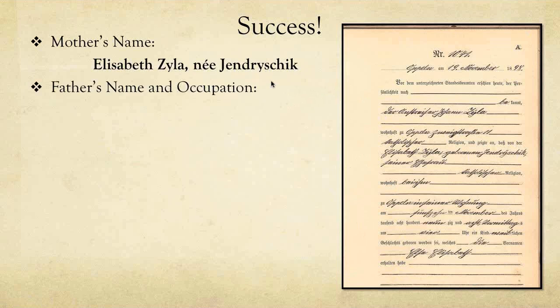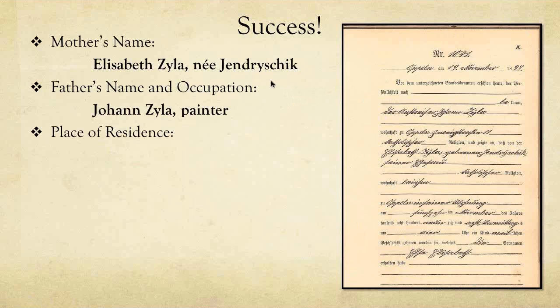We were able to find the father's name by looking for our clue word Ehefrau, which means wife. And if nothing was written after wife, like in our case, that means his name was already mentioned as the person reporting the birth. We found his occupation. Remember, on these certificates, the occupation will be directly before the name. He was a painter.